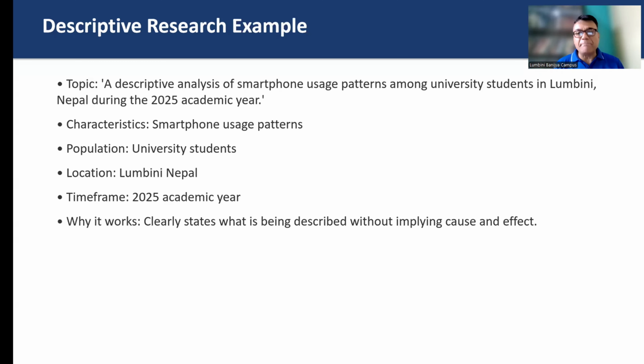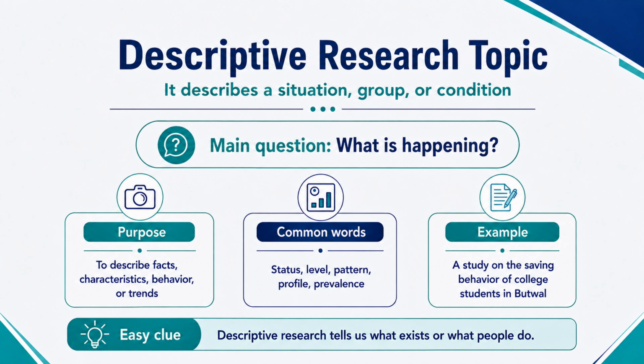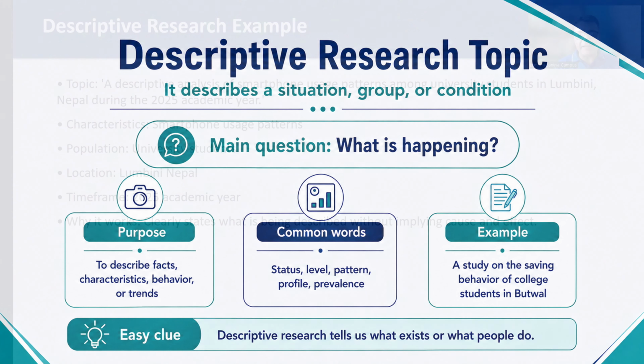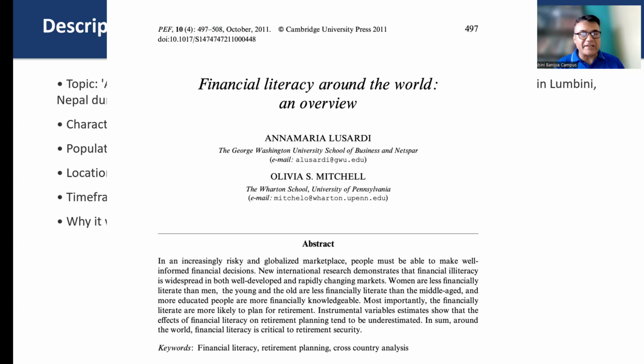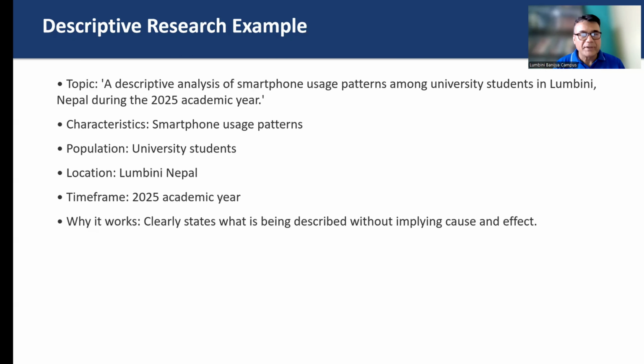A simple descriptive research topic. Why does it work? It clearly states what is being described without implying cause and effect. There is no independent variable, no dependent variable, no other variable. It is simply a description. That's why it's called a descriptive research topic.